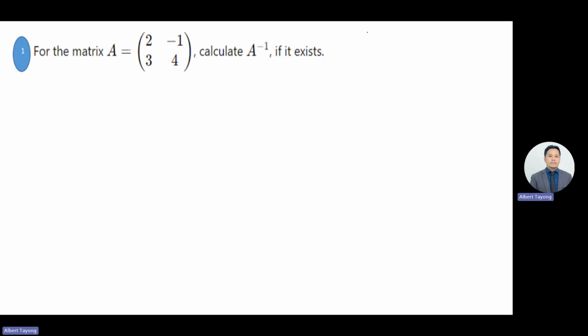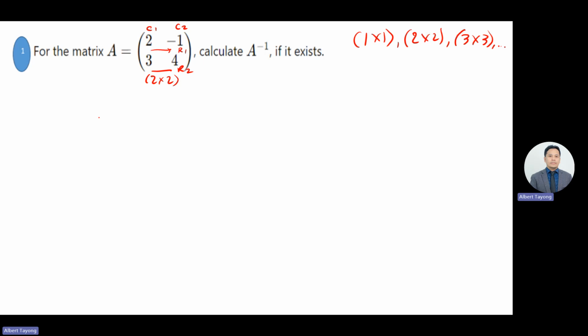When I say square, it could be 1 by 1, 2 by 2, like our matrix here, 3 by 3, and so on. It means the number of rows is equal to the number of columns. So the given matrix here is a square matrix because we have 2 rows and 2 columns. This is row 1. This is row 2. This is column 1 and column 2.